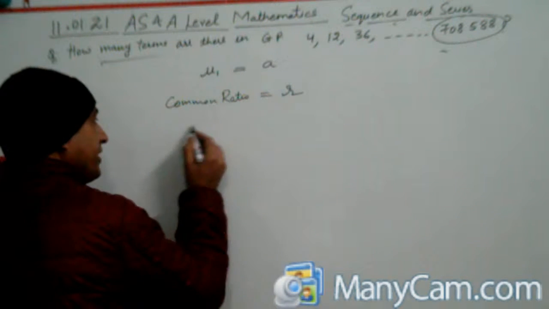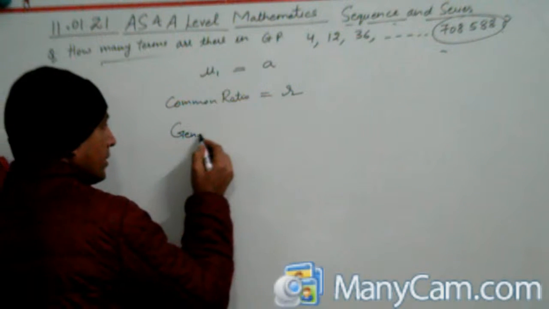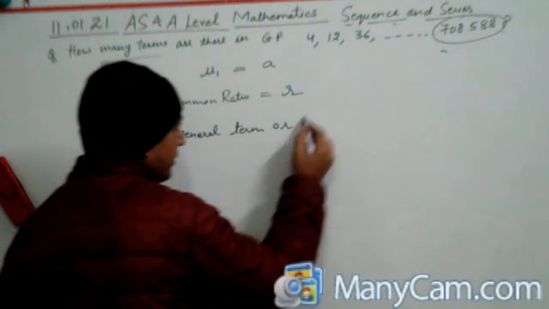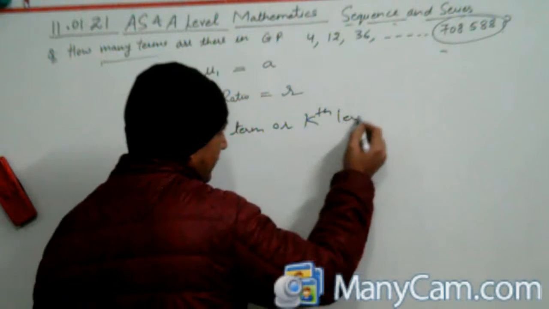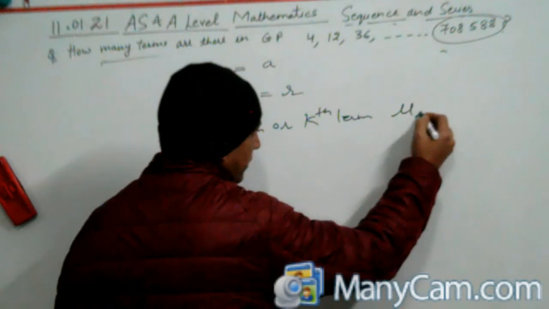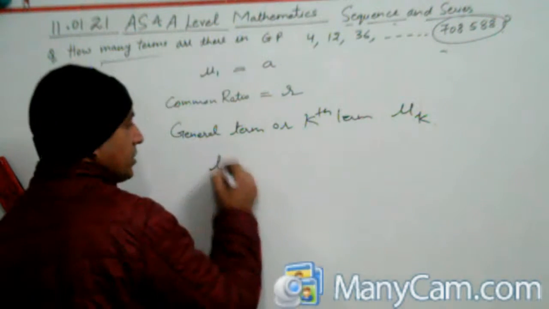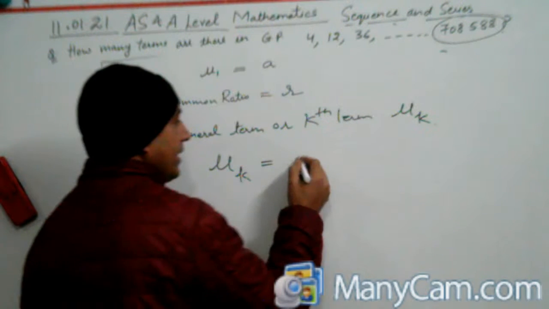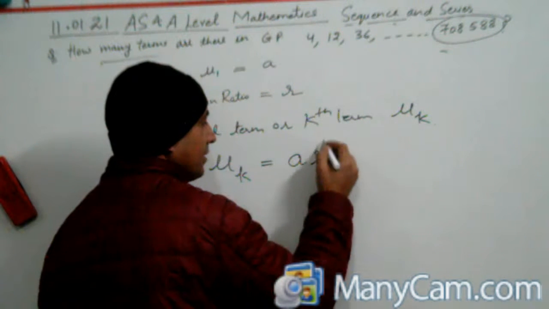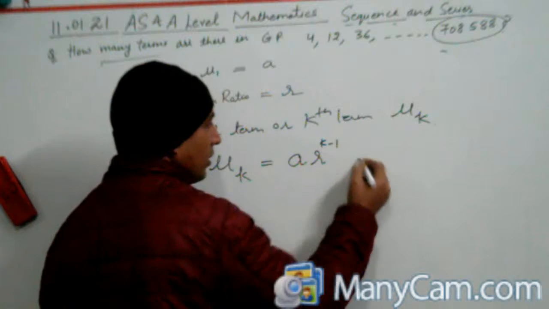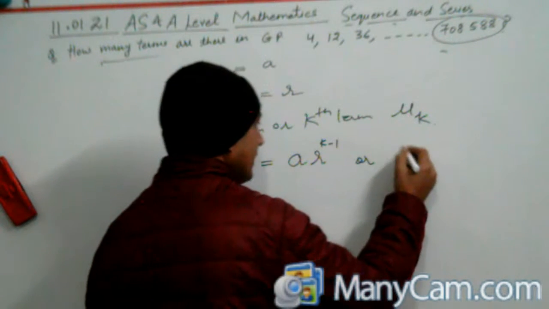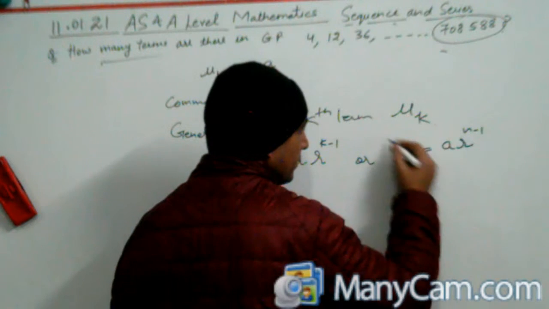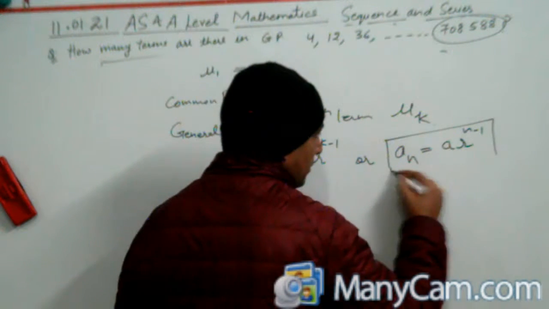The general term or the kth term is represented by uk. So what is the general term? That is equal to a into r raised to k minus 1, or we also write it in this form: a n is equal to a into r raised to n minus 1, right?